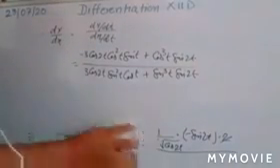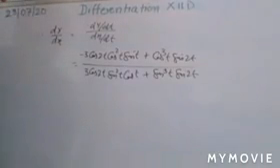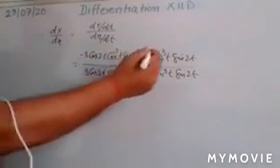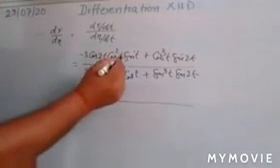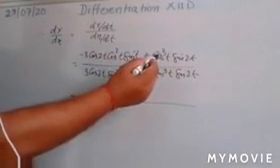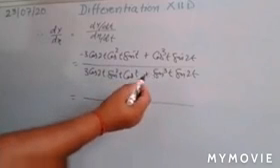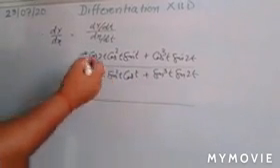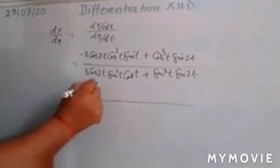Now try to reduce that to its simplest form. Here you have something common: cos square t is common. You can take cos square t common in the numerator and sin square t common in the denominator.